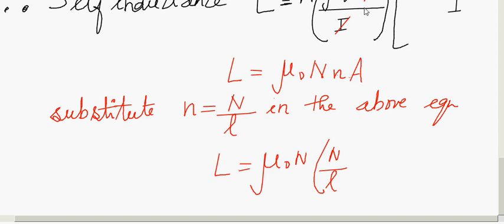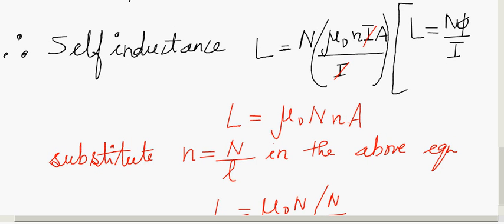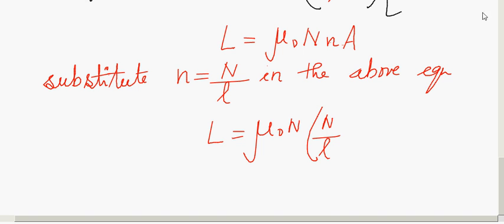L is mu naught, because I got cancelled and the remaining term was A. Instead of I you write A, because I get cancelled. Mu naught into N by L into A, and this gives rise to mu naught N square A by L.